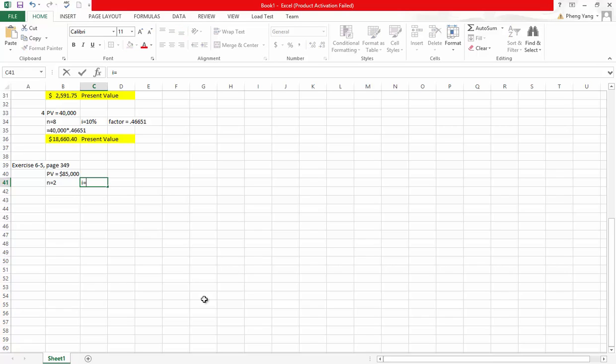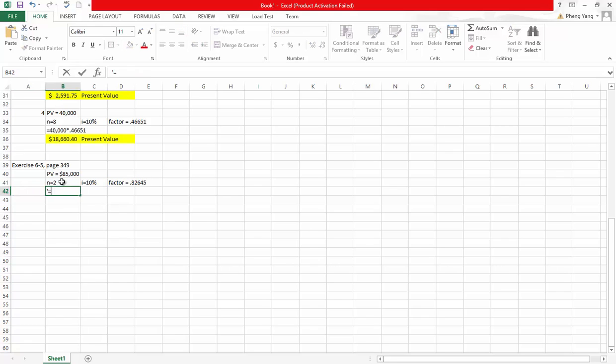Our interest is at 10%, which is stated in the problem. Okay, so if we look at our table 2 again, because we're only doing one single payment, table 2 is for calculating present values of a single payment. And our factor, if you look under 10% for 2 periods, my factor is going to be 0.82645.